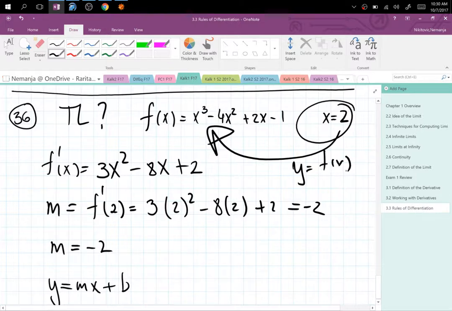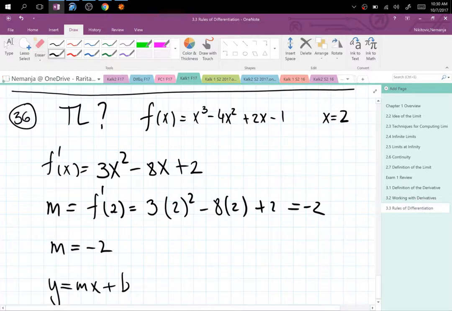So if you plug in 2 into the original equation, you get y. Great. So y is equal to f of 2, which is 8... It's 3? Negative 5? You guys want to take it outside?